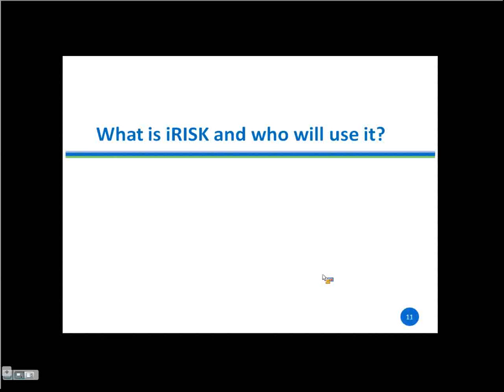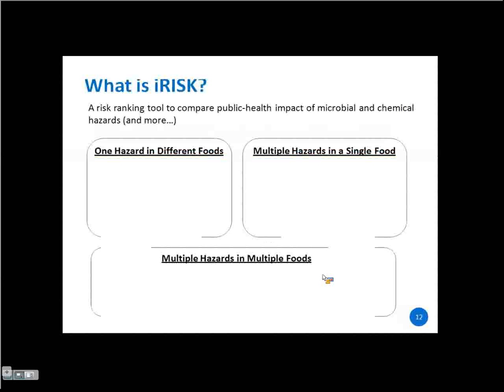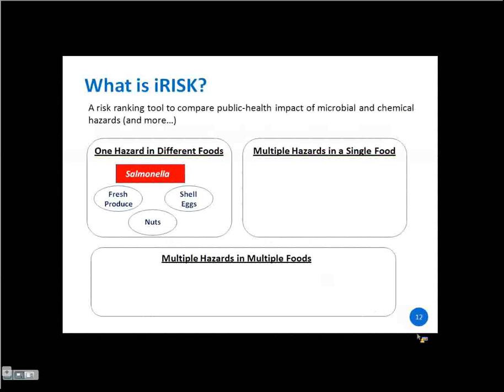So what is iRISK and who will use it? As a risk ranking tool, iRISK can be used to compare the public health impacts of food hazard combinations in different ways. Here we have some examples. iRISK can compare one hazard in different foods, such as salmonella in fresh produce, shell eggs, and nuts.